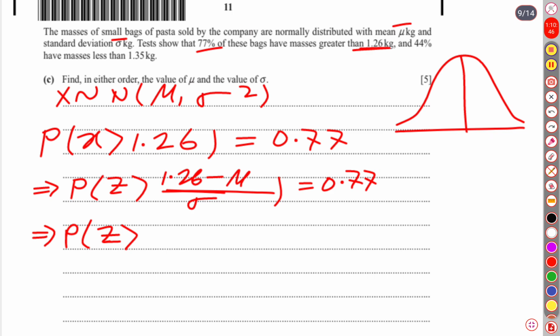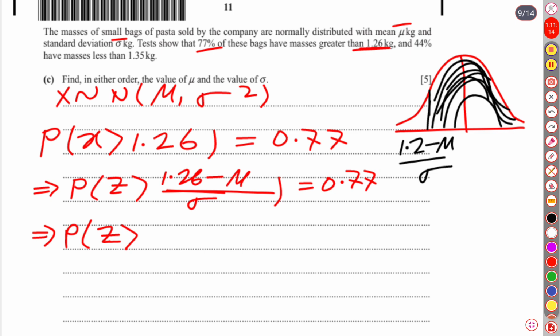So for more than 0.5, the probability is on the right side of the z score, which is (1.26 minus mu) over sigma. That means one thing is very sure: if we want a probability more than 0.5 lying on the right side of the z score, the z score is lying on the left side of the mean line, that means left side of 0.